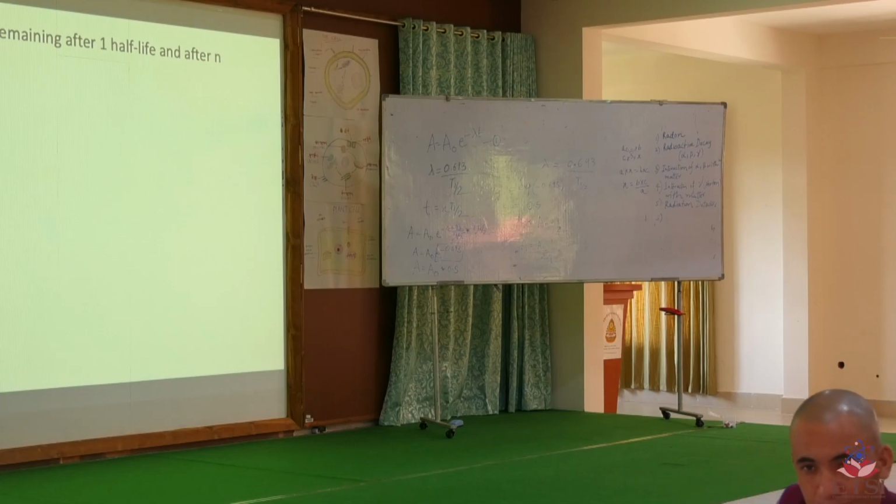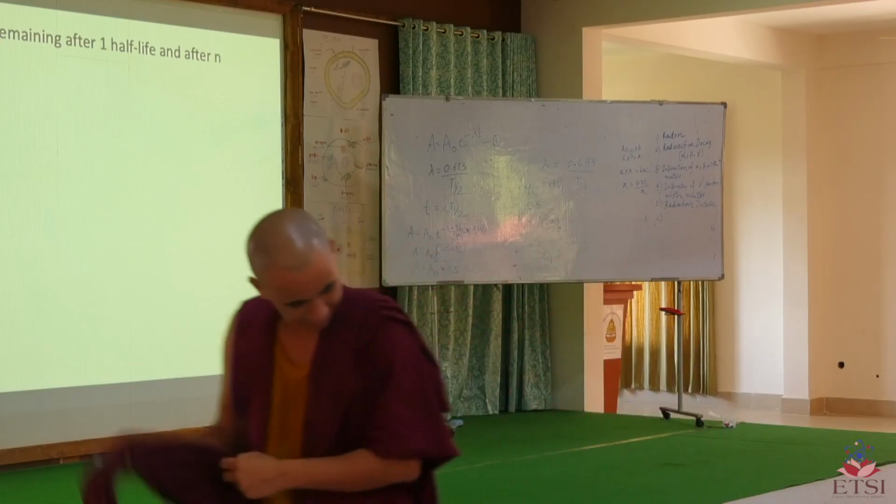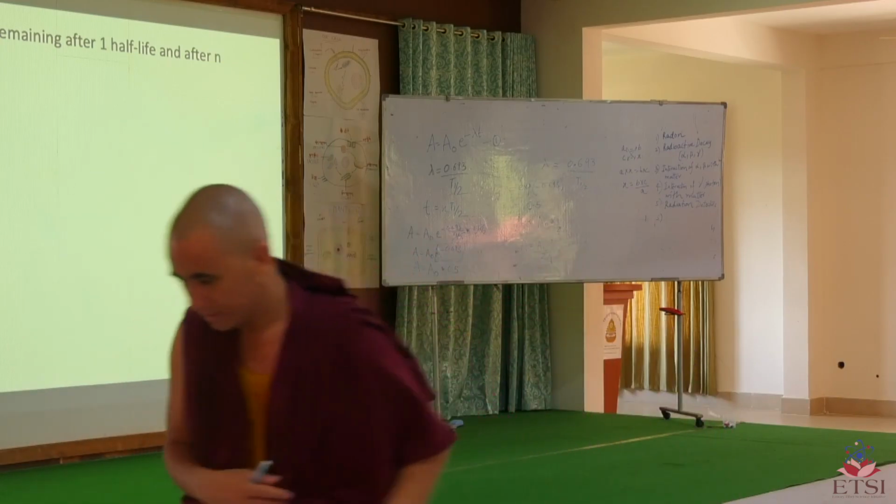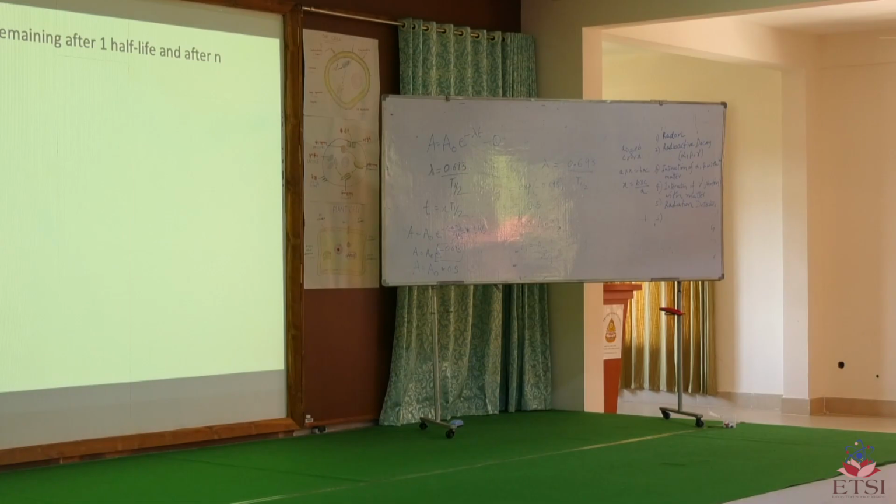This value we know from Excel, you just did it, what was the value? 0.5 to the power n, right? Can I write something like this, this is 1 by 2 to the power n, A naught times 1 to the power n is always 1, over 2 to the power n, right?